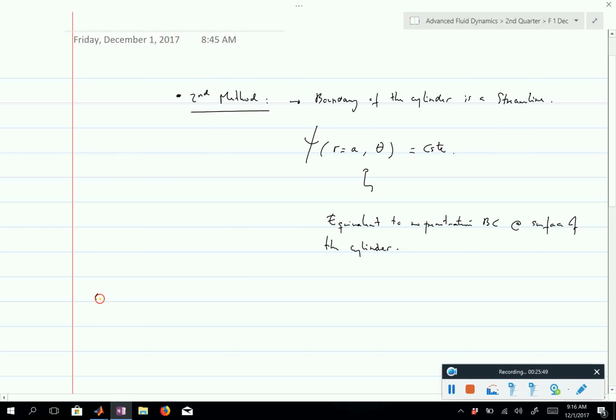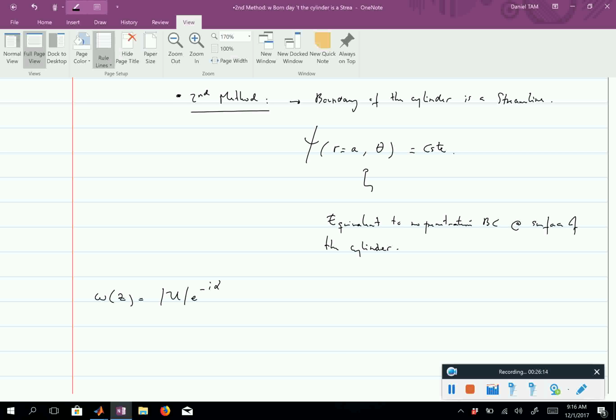So let me rewrite our complex potential. So here I don't even have to differentiate my complex potential. I just rewrite it. I'm going to rewrite it as that. So U e^(-i alpha). To avoid writing twice the same thing, what I will do is I will directly write that z is equal to r, write it with modulus and argument.